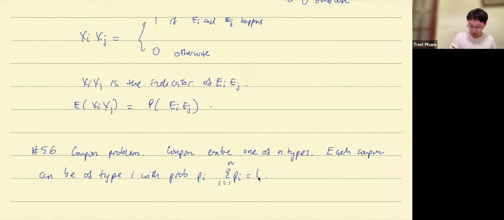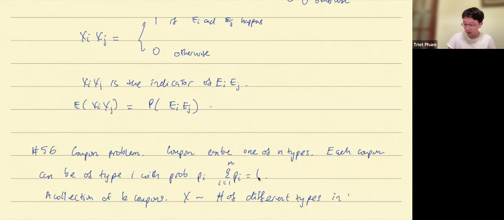And now you have a collection of k coupons, and you let X be the number of different types in this collection.